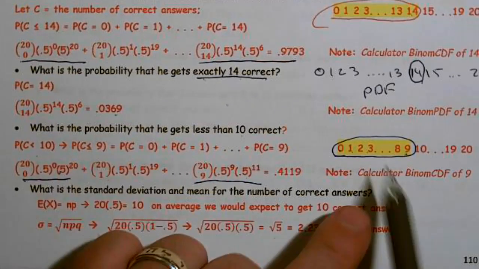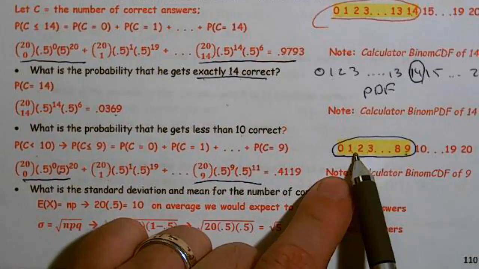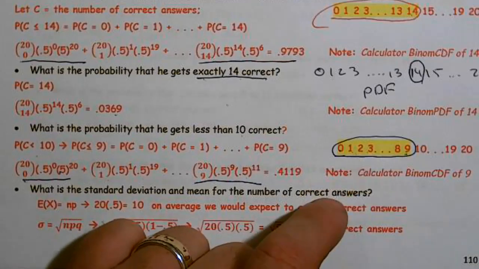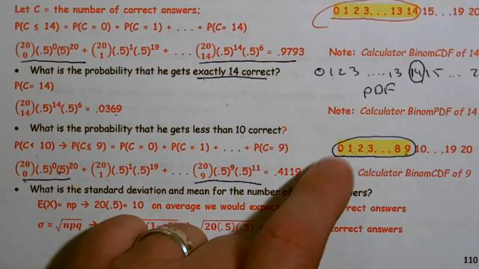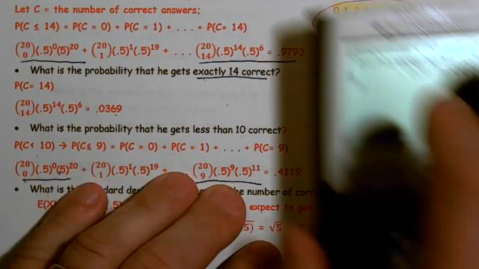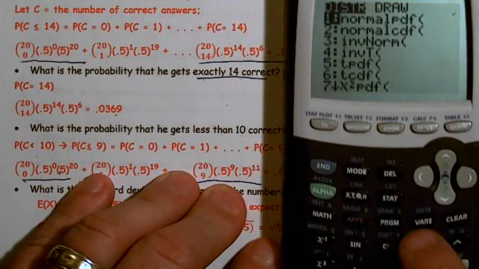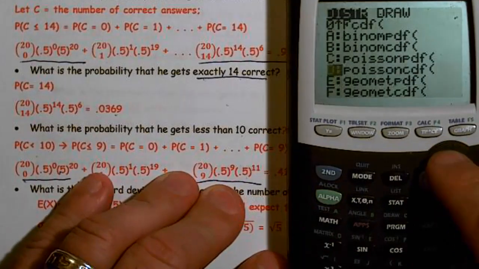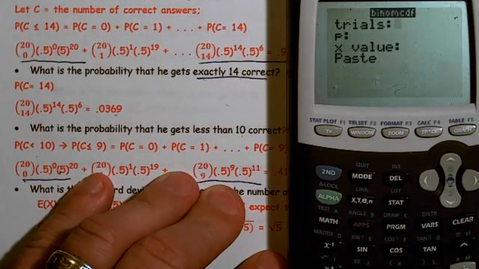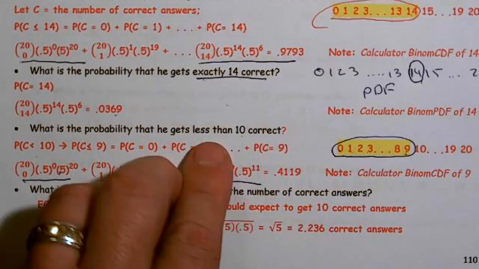So I circled multiple values. Multiple values tells me I'm working with a CDF. And if 0 is included, I don't have to subtract. So this is going to be second vars, binomial CDF, trials is 20, the probability of guessing correct is 0.5. And my X value, I want less than 10.